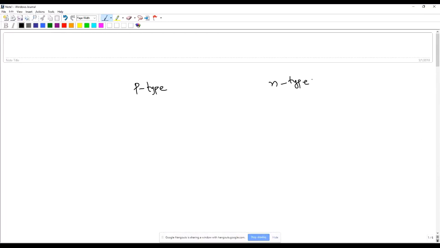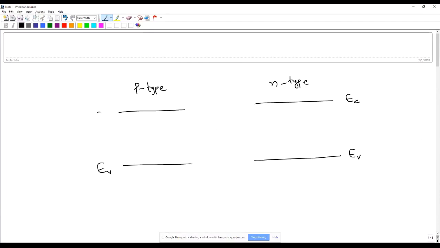At the start of this live session, we drew the energy band diagrams for both. We said that the only difference was how we position the Fermi level. For N-type, we put the Fermi level closer to the conduction band. For P-type, we put the Fermi level closer to the valence band.